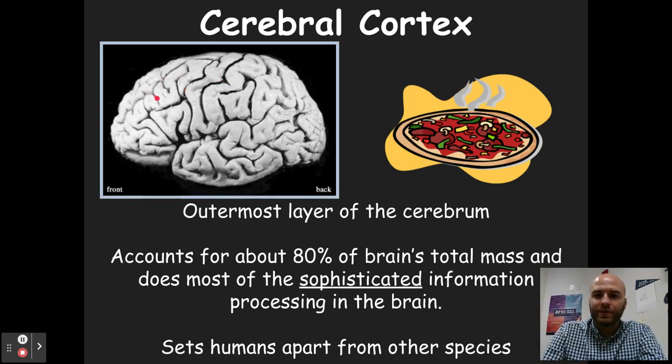And this accounts for about 80% of the brain's total mass and does most of the sophisticated information processing in the brain. This sets humans apart from other species like we mentioned before. It's a tight-knit connection in terms of neural connections here that allows fast processing and higher order thinking to take place.